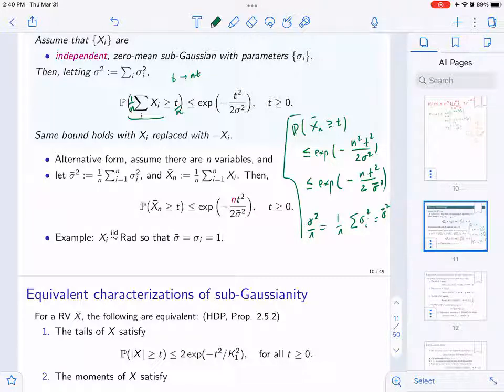Okay, in particular, you get this result. And let's say if all of them have the same subgaussian parameter, this would be that same parameter. You can see the sample mean concentrates the way that you like, e to the negative n, so that it goes down exponentially fast in n.